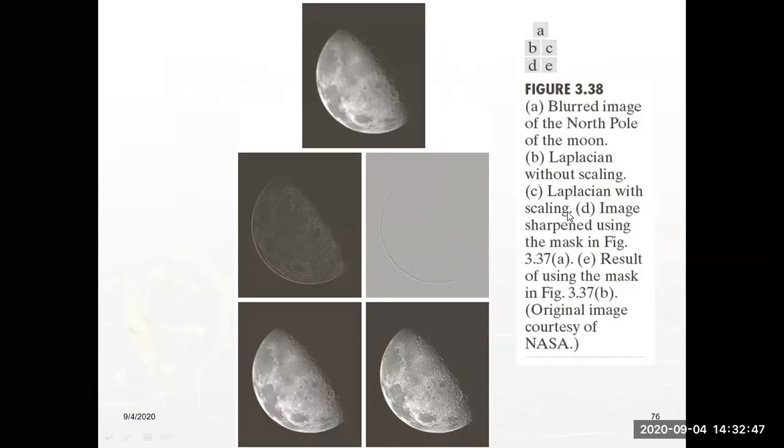D is the image sharpened using mask A, and E is the result of using the mask in figure B. So C is the Laplacian with scaling. Initially my original image is blurred, and I operated the Laplacian without scaling, and here I am using scaling, either c equals 1 or c equals minus 1. After that, you use the two masks, mask A and mask B.